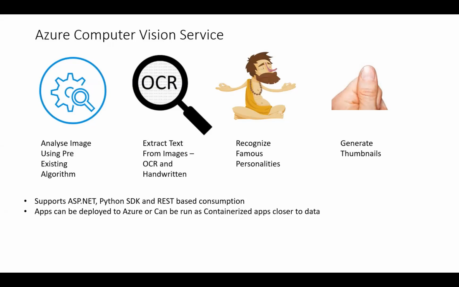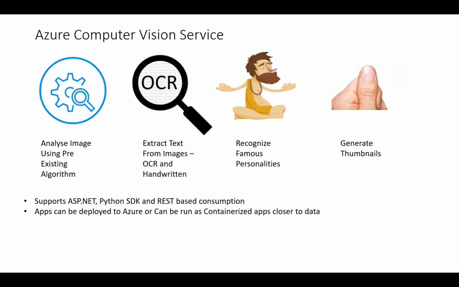Another great thing with Azure Computer Vision Service is that apps can be deployed to Azure or can be run as a containerized app closer to our data. So that's again a benefit of using Azure Computer Vision Service. And day by day, it is getting more and more accurate to analyze the images.